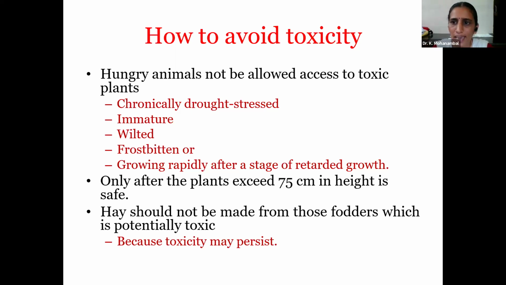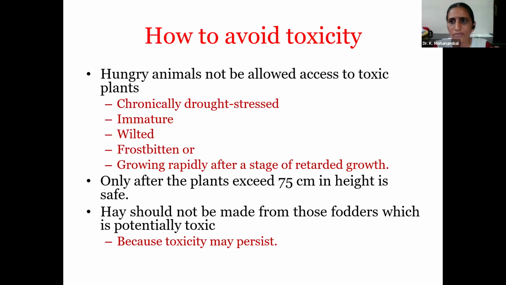Immature plants have more cyanogenic glycosides, and so do wilted plants, frost-bitten plants, and plants which grow very fast and attain a stage of retarded growth. Those plants should not be allowed to be grazed because they have more cyanogenic glycosides.